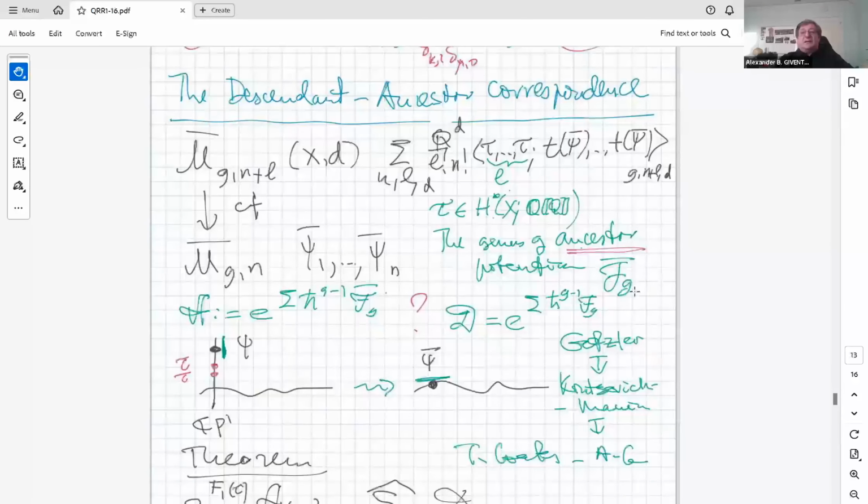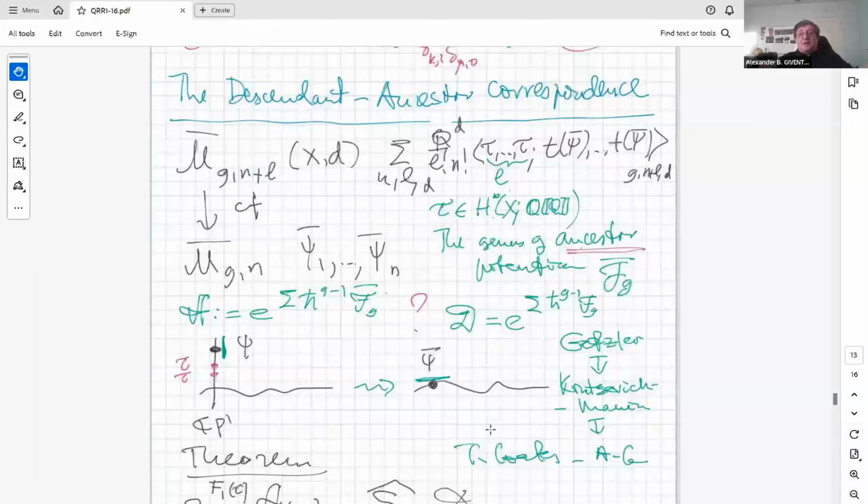Then Kontsevich and Manin, perhaps independently of Getzler, explored the situation, and they said that these ancestor potentials are related to descendant potentials in each genus by some linear transformations of this t variable. So they wrote some simple linear transformation.